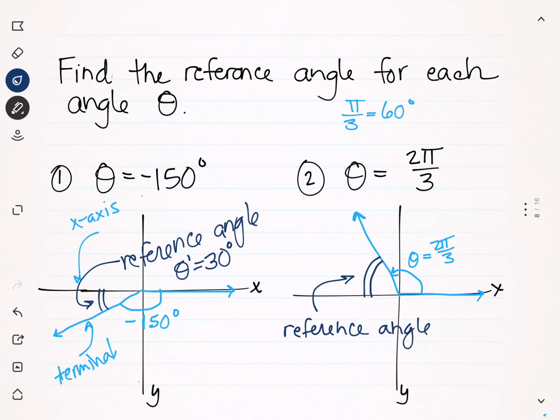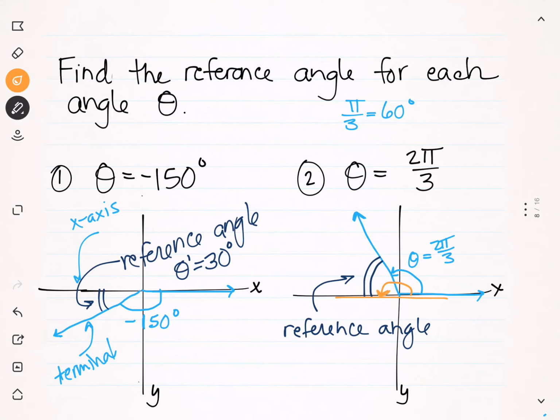And that reference angle is always positive. And when we're given the angle in radians, we're going to express the reference angle in radians. So let's see, how many times does 60 go into 180? Because I want to figure out, how much farther do I have to go to get to that x-axis? So we know that 60 goes into 180 a total of 3 times, right?